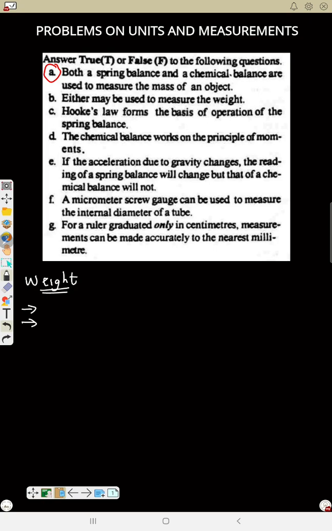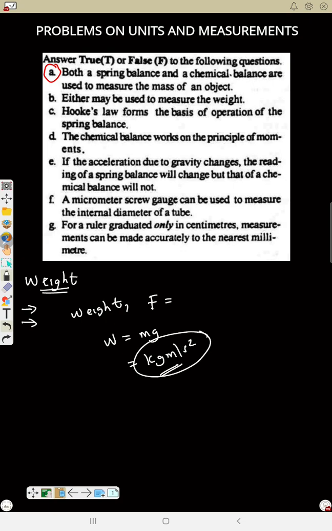Now, it is a derived quantity because weight is a kind of force. Force is in Newton, and weight is mass times gravity. Mass is in kilogram, gravity is in meter per second squared. So the units here are derived units, and likewise weight is a derived quantity.